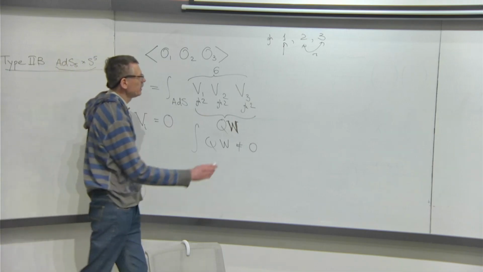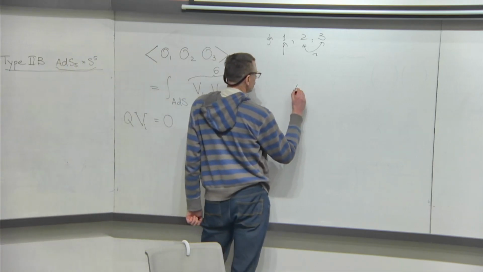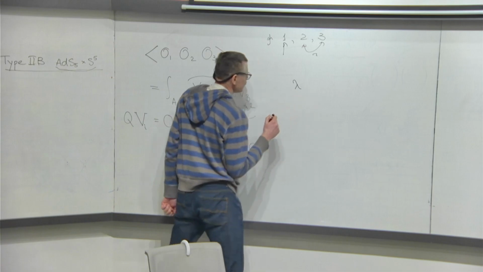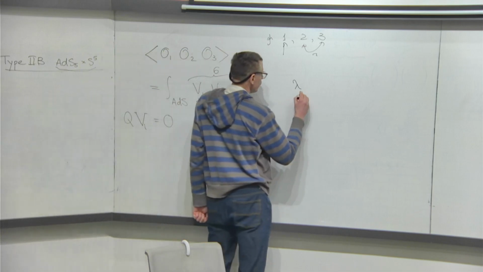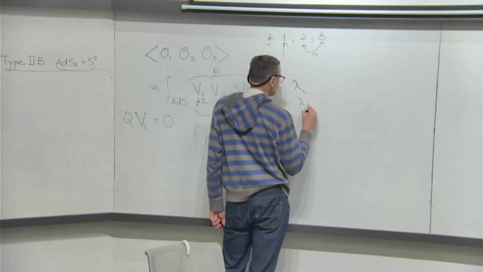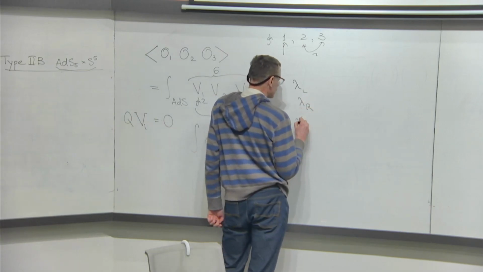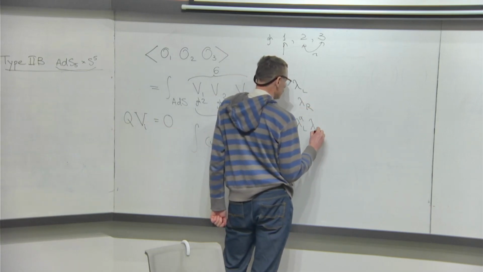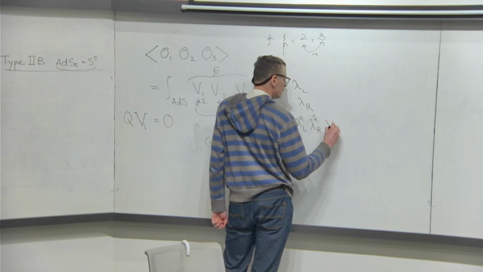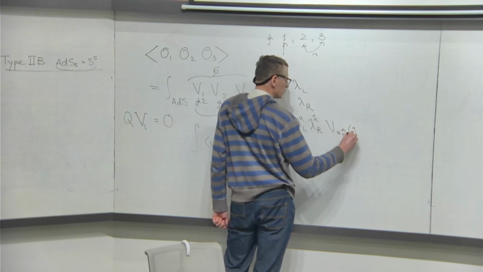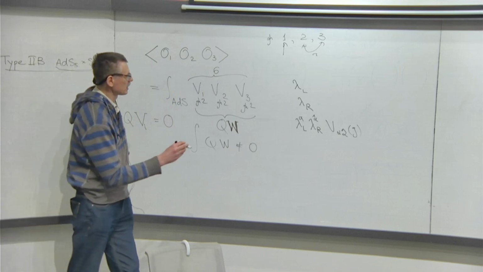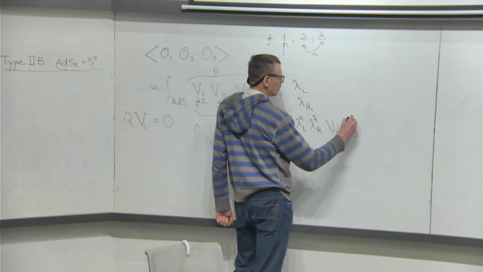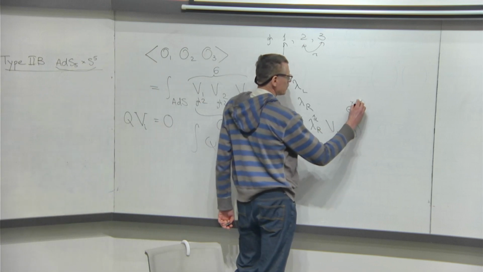Strictly speaking, they are linear in pure spinors. So there are two pure spinor variables which live in the spin bundle over AdS. We will call them lambda left and lambda right. So this vertex operator is something like lambda left alpha, lambda right alpha hat, V alpha alpha hat, a function of g, where g describes a point in super AdS.